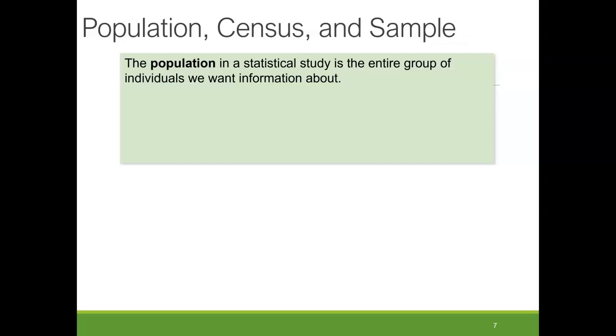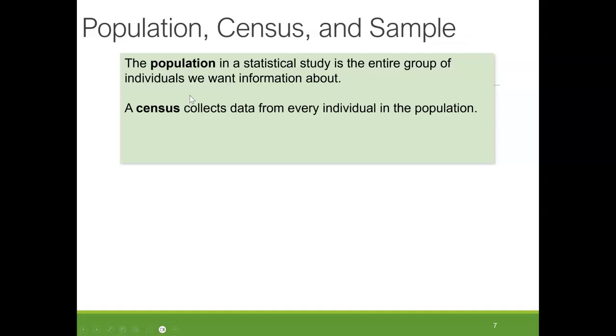So again, talking about this data collection piece. The population is the entire group that we want information about. We can use a census to collect data from every individual in the population. Now, this is very expensive.